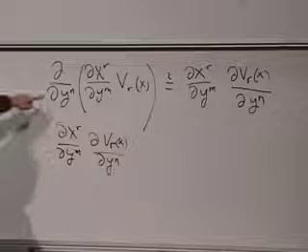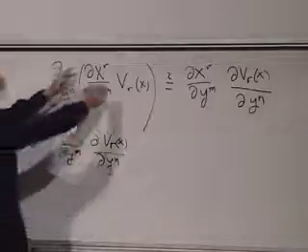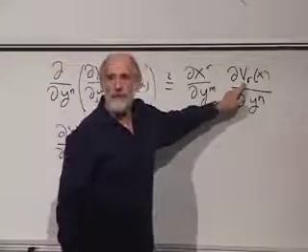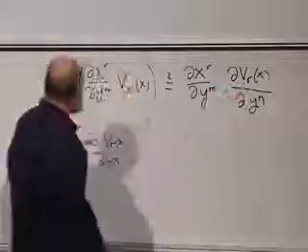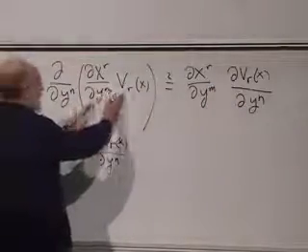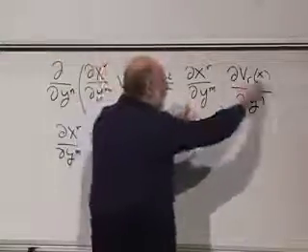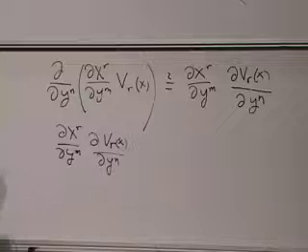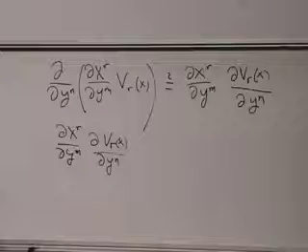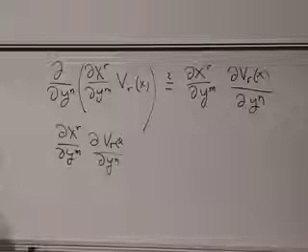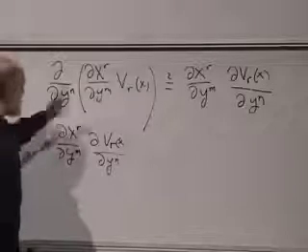Here the derivative is outside the product. Here the derivative only acts on the v. Look at the difference. Here we have the derivative with respect to y of a product. Here we have a product of two derivatives. Not the same thing. Okay. Who asked the question? Are you happy? Okay, good. All right, so now we work this out.